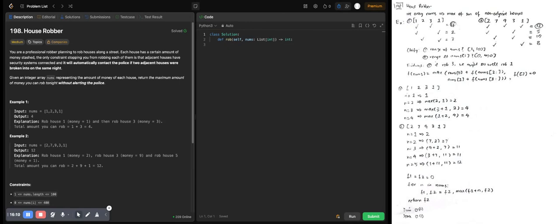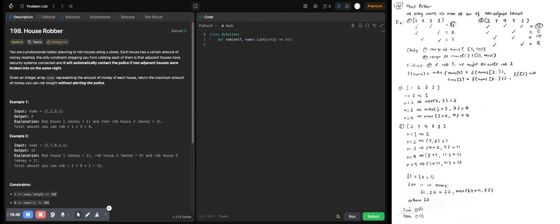Then we can use the same concept that we did before. We can use F1 and F2. So how about we do that? So let me initialize F1, F2 to 0.